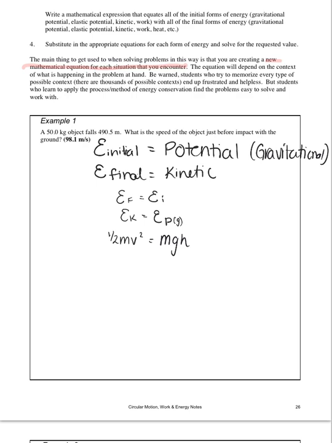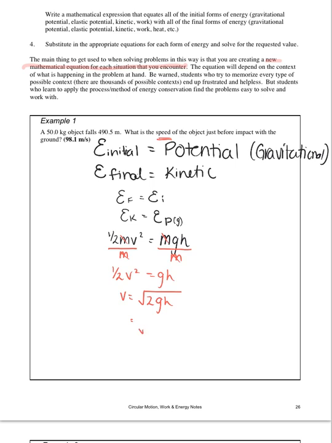We can sub in what we know. Something to note: because I could technically divide this side by m and I could divide this side by m, I don't actually need mass in this equation. I could be left with 1/2 v squared is equal to gh. Since we're looking for speed, I'm going to solve this equation for v. So v is equal to the square root of 2 times gh.